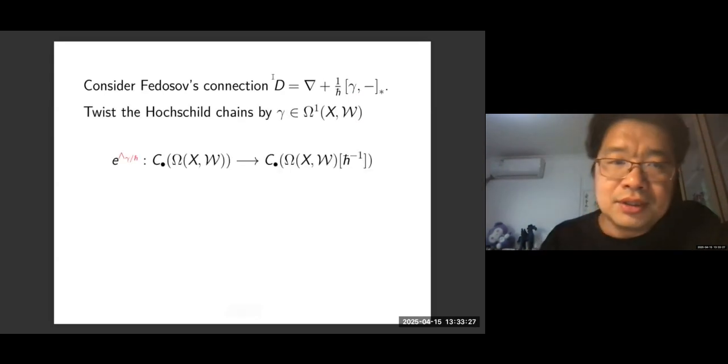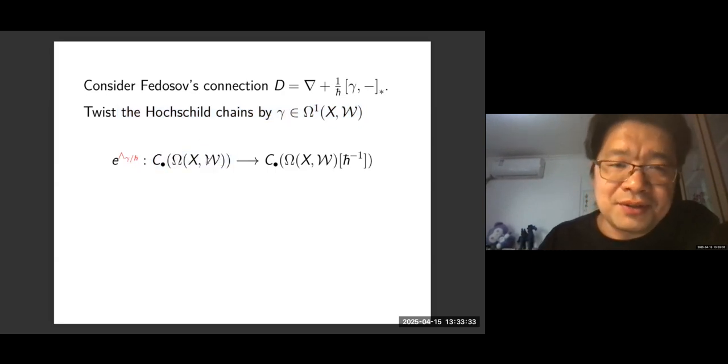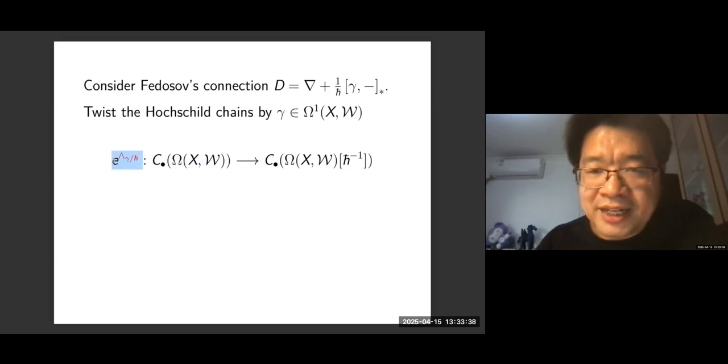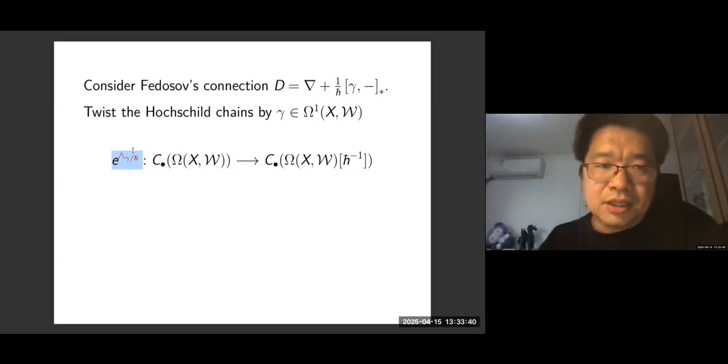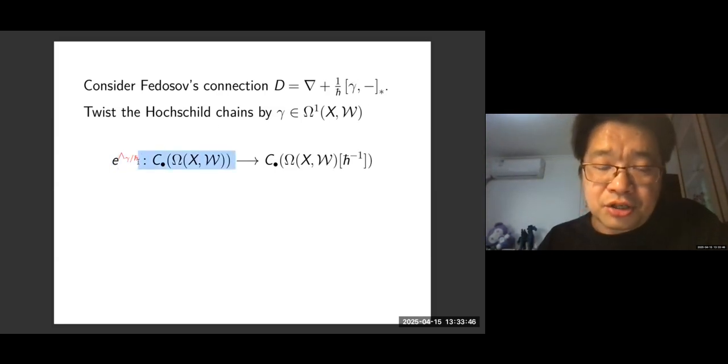And indeed, it's true. So we can twist the Hochschild chain complex of the Weyl algebra, like the differential form valued Weyl algebra, using this Fedosov connection. So this is my twisting operation by this Fedosov connection. It acts on the Hochschild chains.